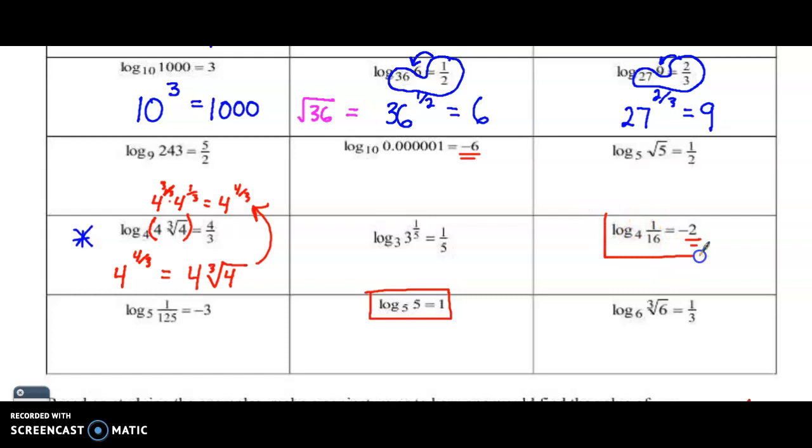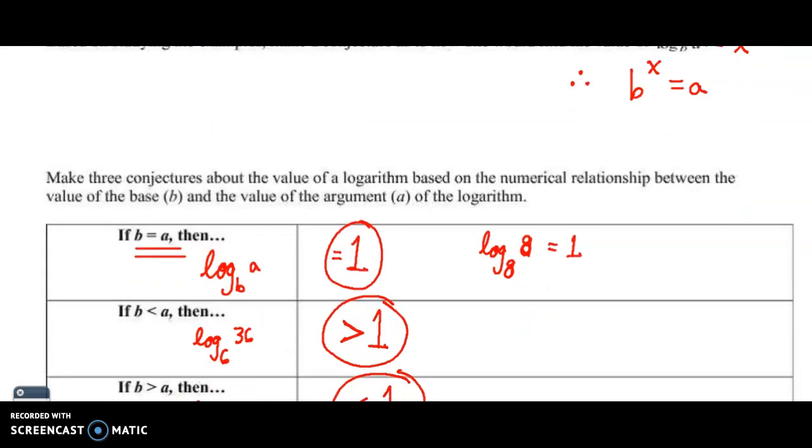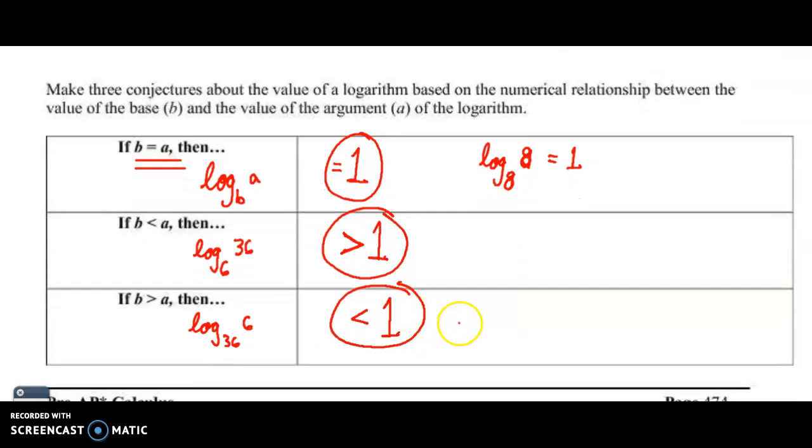So I'm looking at this example where 4 is bigger than 1/16. So the base is bigger than the argument, and we get an answer that's smaller than 1. Okay, so let me write that down. That includes the negative answers. And again, a and b cannot be negative. a and b must be positive. But you can get negative answers at the end.